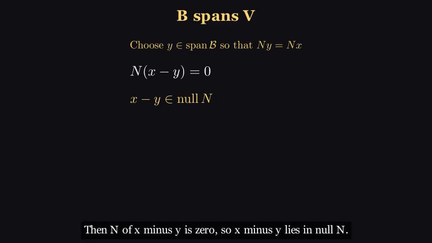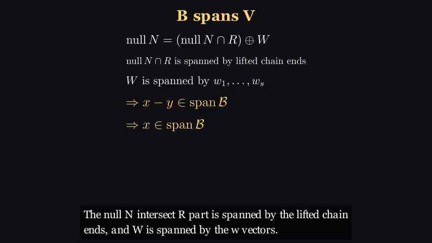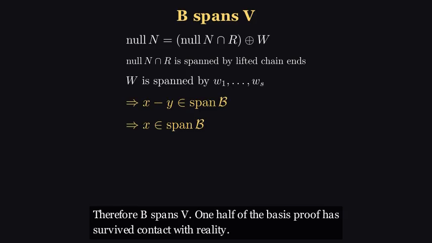Then N of x minus y is 0, so x minus y lies in null N. But null N is the direct sum of null N intersect R and W. The null N intersect R part is spanned by the lifted chain ends, and W is spanned by the W vectors. So x minus y lies in the span of B. Since y also lies in the span of B, x lies in the span of B. Therefore B spans V. Half of the basis proof has survived contact with reality.